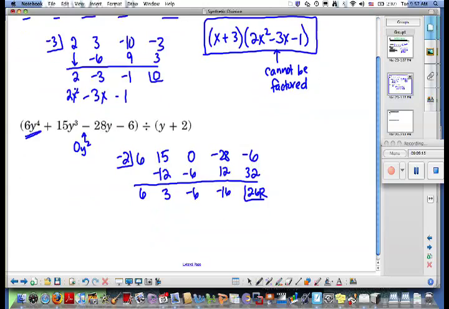So this is going to be 6y cubed plus 3y squared minus 6y minus 16. And we will write our remainder just as we did with the long division. Our remainder is 26. That goes over y plus 2. That cannot be written in factored form because y plus 2 is not a factor, so you would just write your answer out.